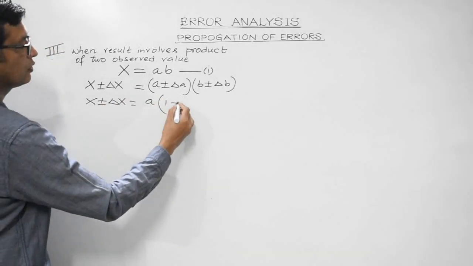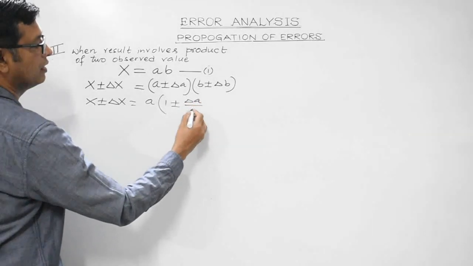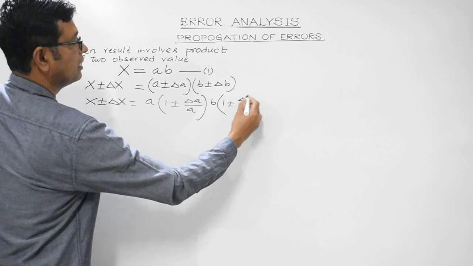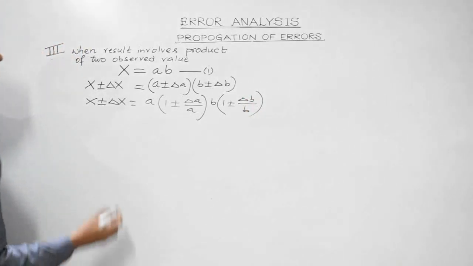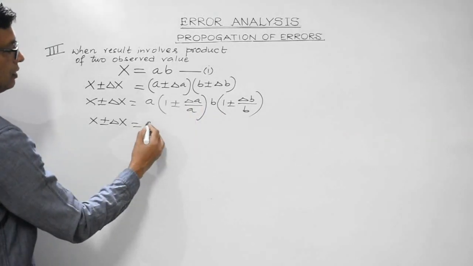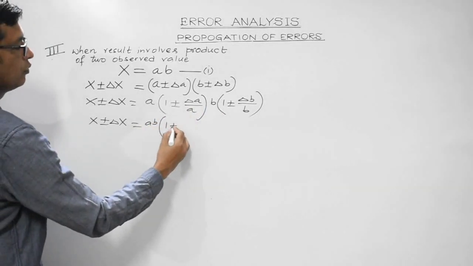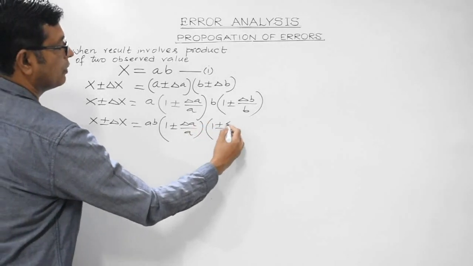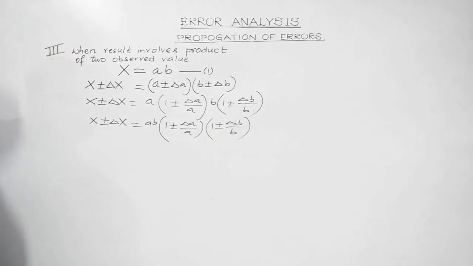So you can write it like this, 1 plus minus del a by a. Over here you can take b as common. So it will be 1 plus minus del b by b. Right? So x plus minus del x is equal to ab, and over here 1 plus minus del a by a and 1 plus minus del b by b.